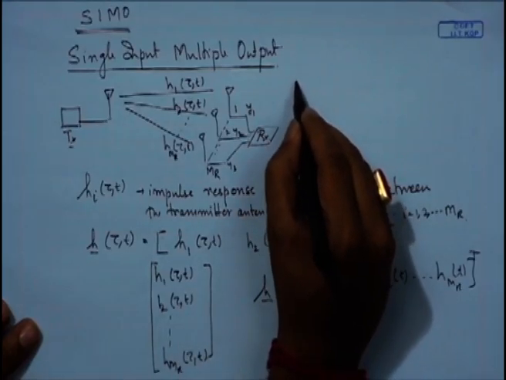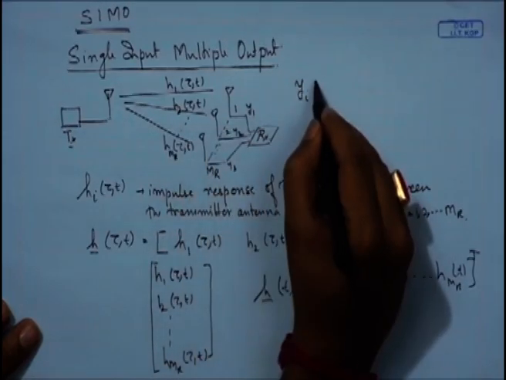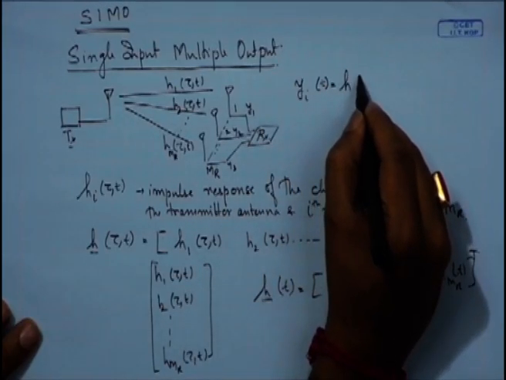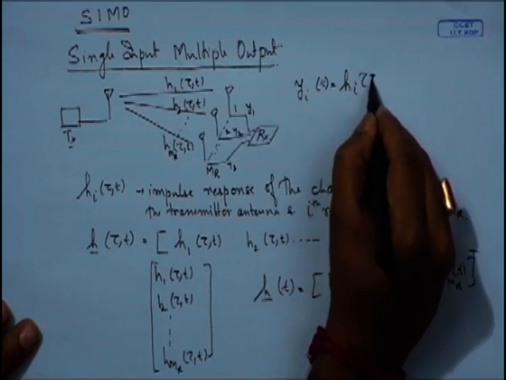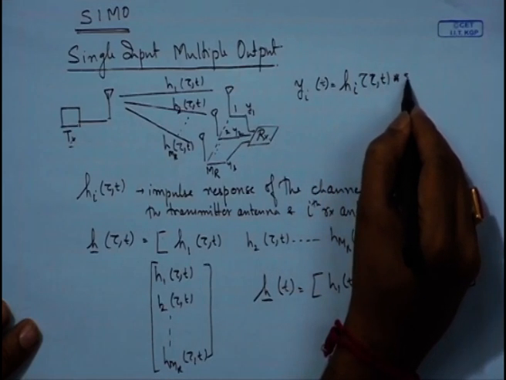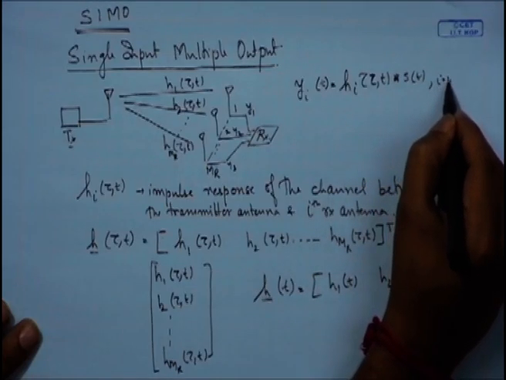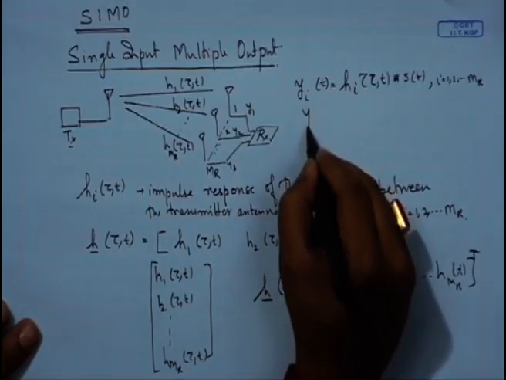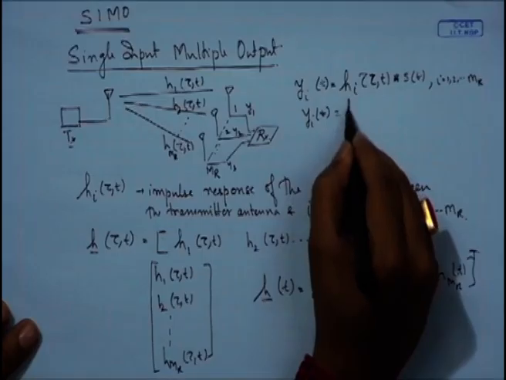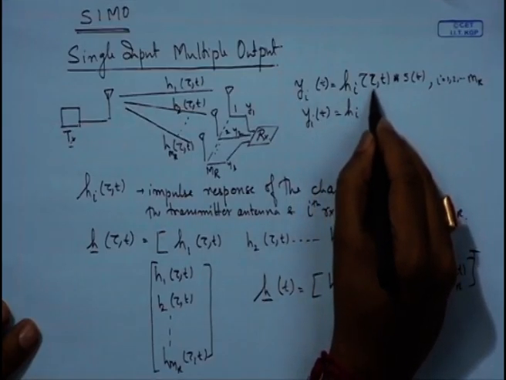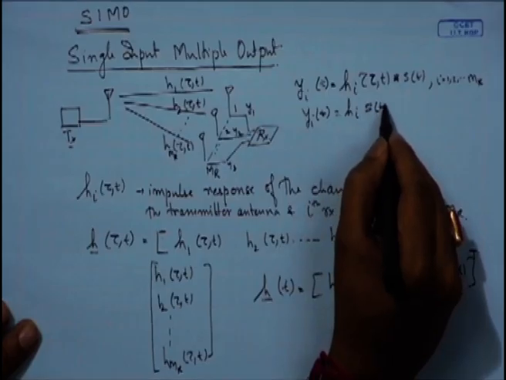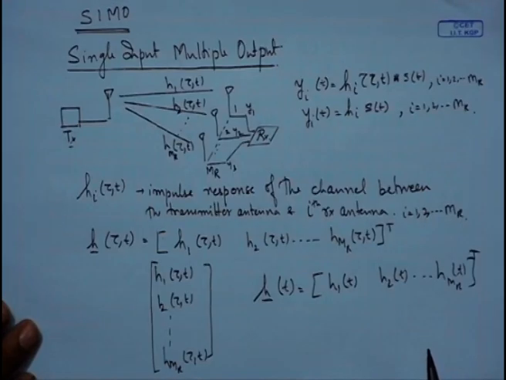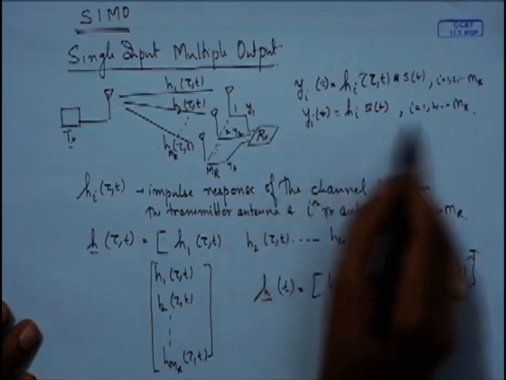So we could write that yi at the ith receiver as a function of time is equal to, ideally speaking, hi of tau comma t convolved with s of t for i equals 1 up to mr. But what we have written over here, for the flat fading scenario, hi, since there is no delay, it's a multiplication with s of t for i equals 1 up to mr.